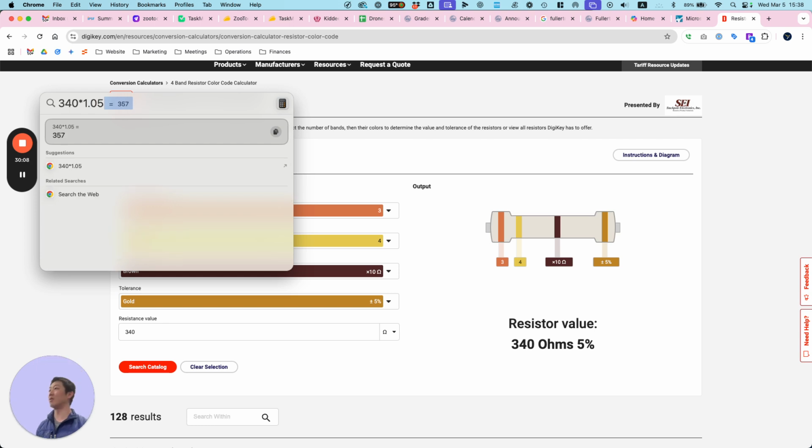So this could have swung all the way up to 357, or it could have swung down to 323. Did I calculate that right? It's plus or minus 17. So meaning there's no point being super accurate with the resistor anyways because they have built-in tolerance.